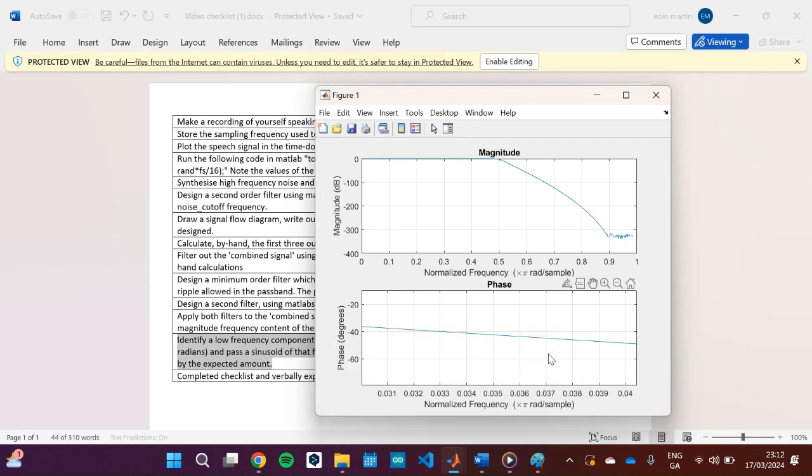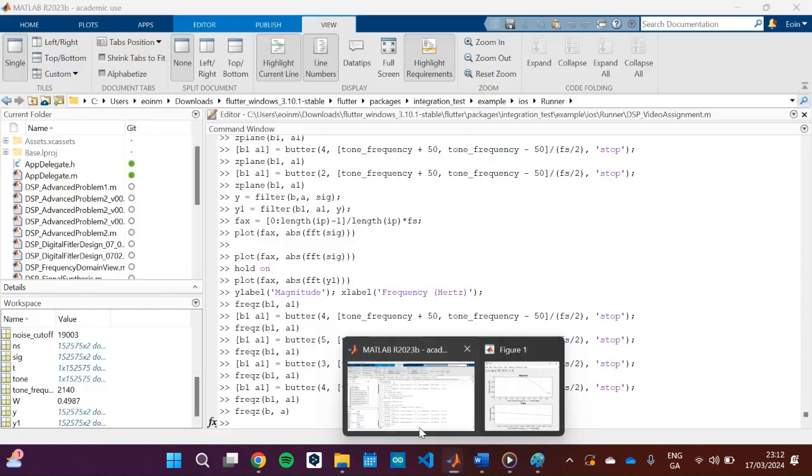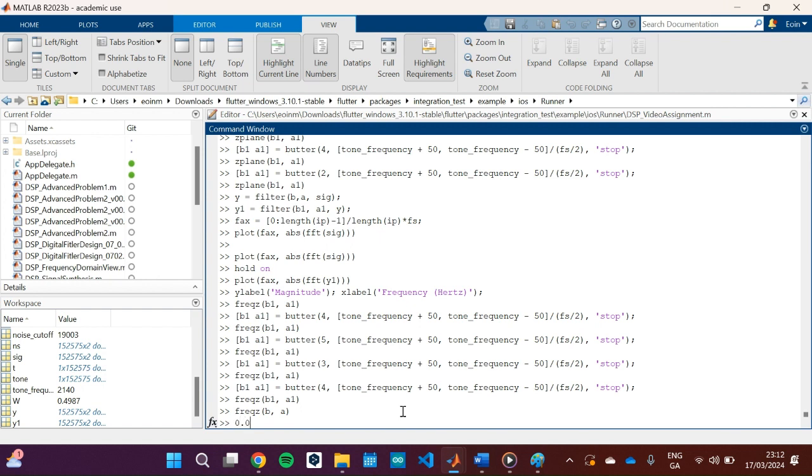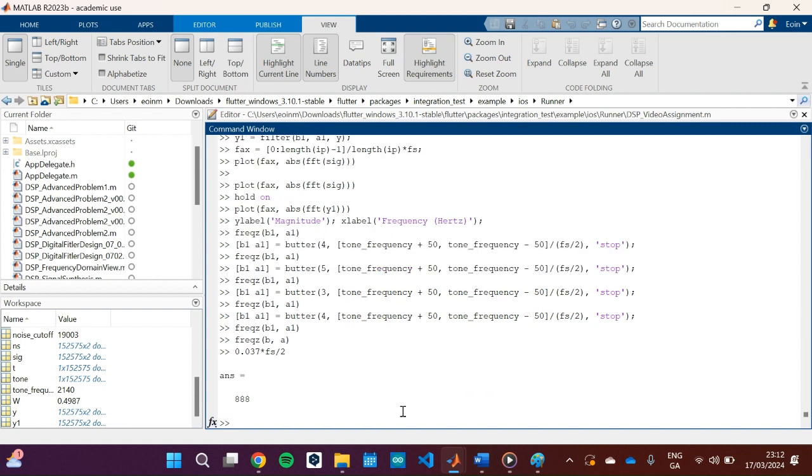So 0.037 multiplied by fs over 2 is 888 hertz. So I'll create a new tone.